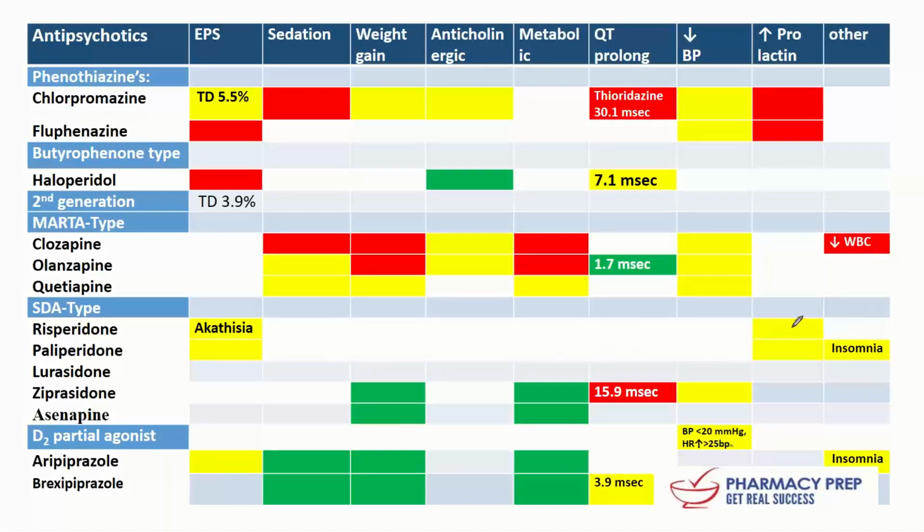In the second generation, especially risperidone, just mark it as a cue. Risperidone has a higher hyperprolactinemia side effect, and its metabolite paliperidone also has higher hyperprolactinemia side effects. So these two drugs in the second generation are known to cause hyperprolactinemia.